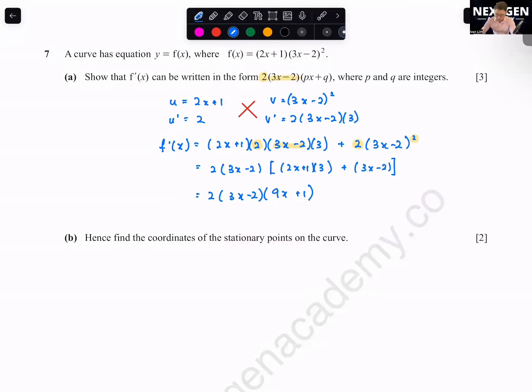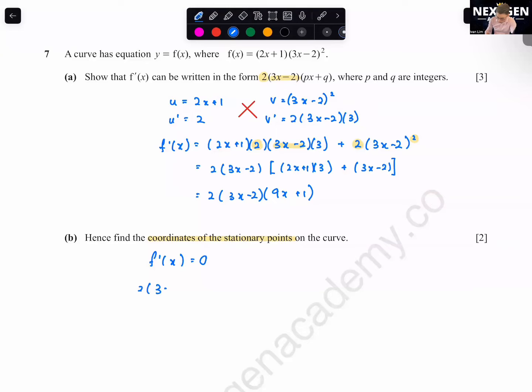Okay, question B. Hence, find the coordinates of the stationary points of the curve. What is a stationary point? dy over dx equals 0. Very good. So in this case, it's f prime x equals 0.